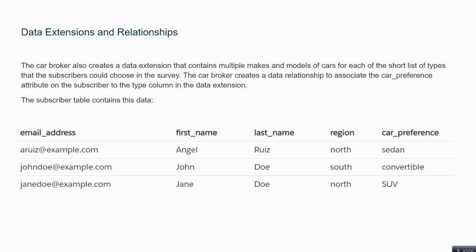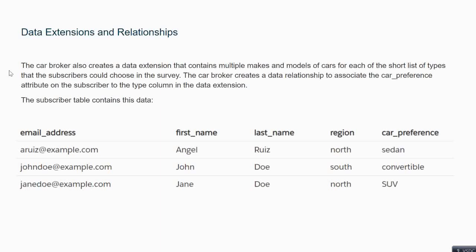If it's through a cloud page, it will be through insert data, or if it's through a website, it can be through an iframe or an API call, whatever the case might be. Or the client could have simply imported the data into the data extension, or sent it through FTP. There are multiple ways to get this data into the data extension.